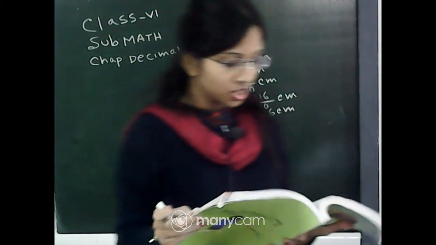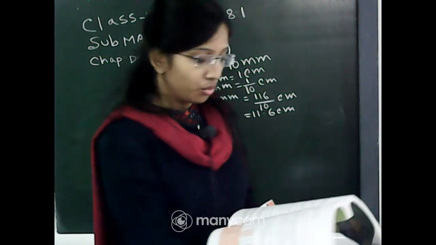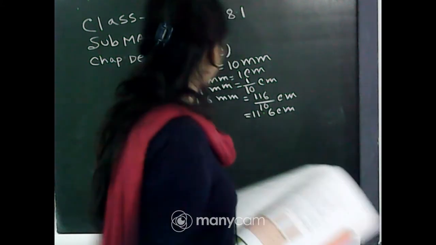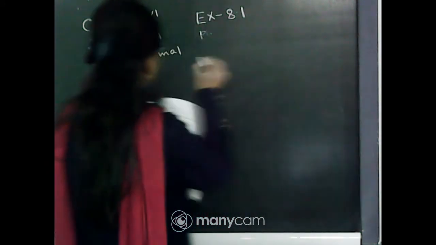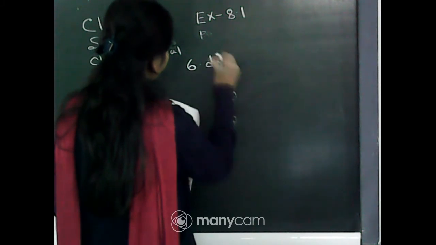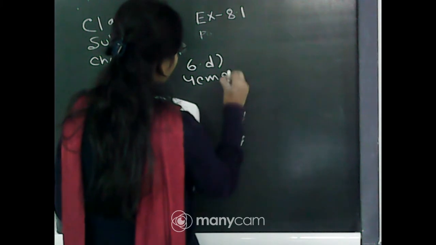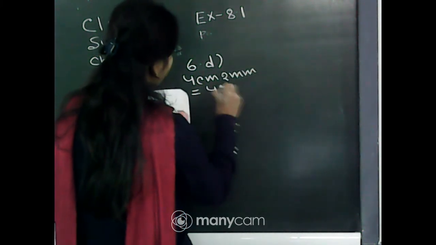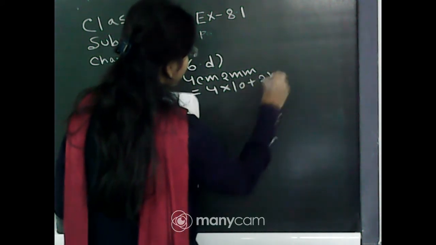Next question is 6d, 4 cm 2 mm to cm. We will convert this into the unit centimeter. 4 cm 2 mm is equal to 4 cross 10 plus 2 mm.